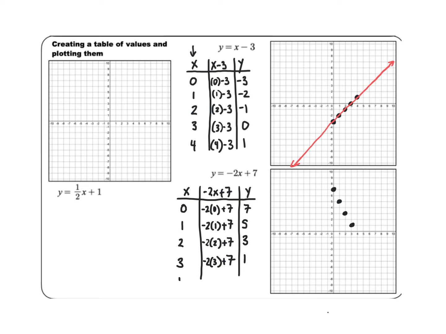And then finally 4 right here. So that's going to give me a negative 8 plus 7, which is a negative 1. And that is my line for that guy.